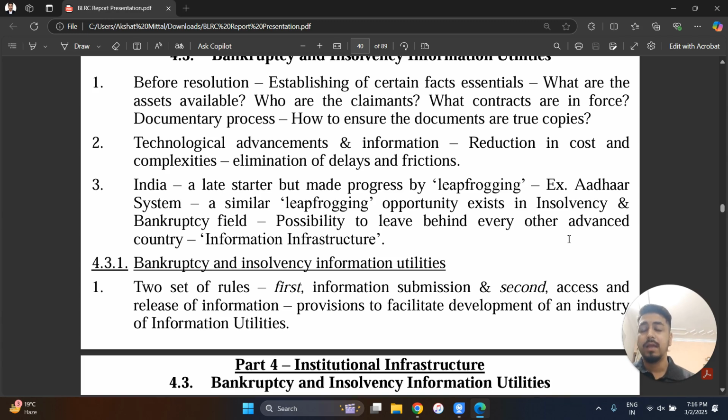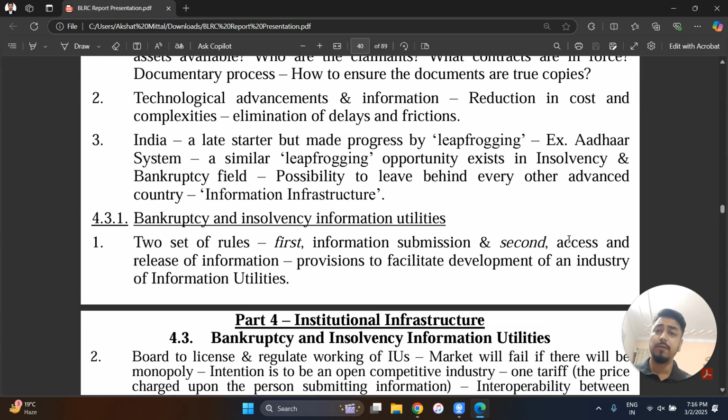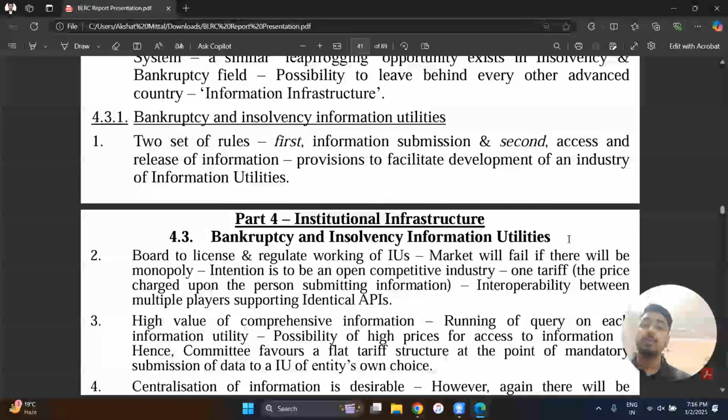For example, if we see at the airports, the DigiYatra app is now there, which links the Aadhaar to our boarding pass, and you can just scan your code and directly enter the airport. So this committee is also proposing to create such a system so that the traditional delays can be cut out and faster decision making can be there. And for the same, this committee has proposed to create a competitive industry of the information utilities.